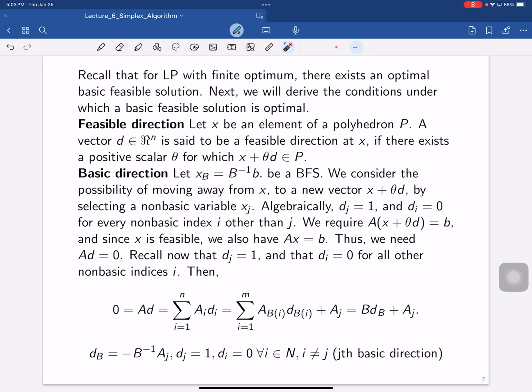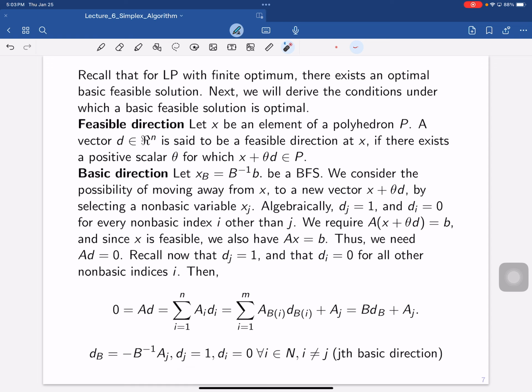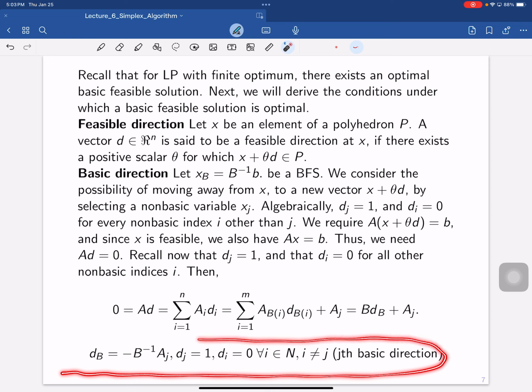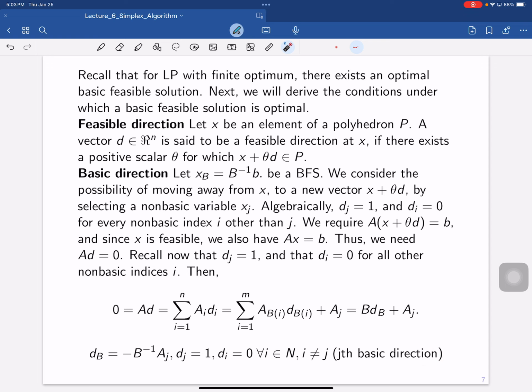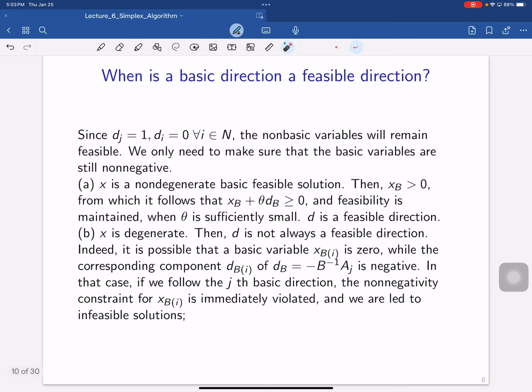If you don't really want to know the derivation, just believe me, this result is true. If you want to go around the jth non-basic direction, this is a direction that keeps the linear equality feasible. Okay.